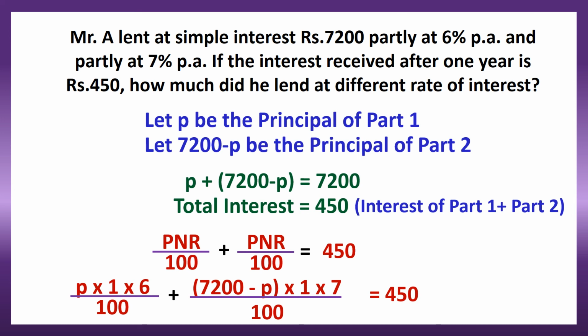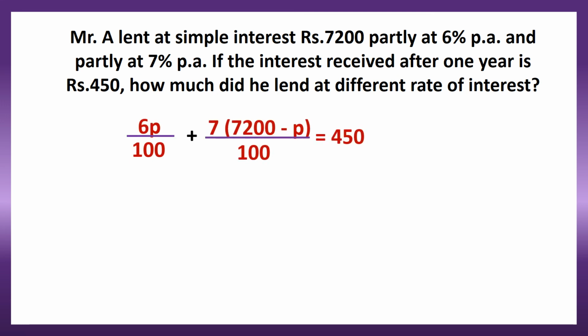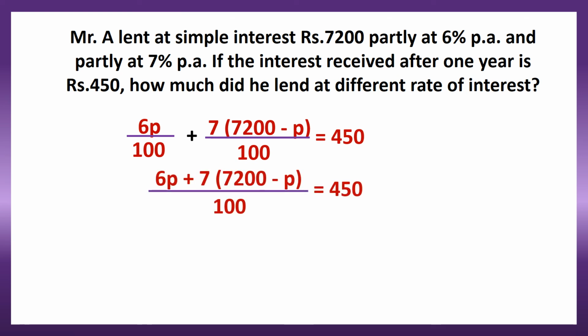That is interest of part 1 plus interest of part 2 is equal to 450. Calculating it, we get 6P by 100 plus 7 into 7,200 minus P by 100 is equal to 450. That is 6P plus 7 into 7,200 minus P divided by 100, by taking 100 as the common denominator.